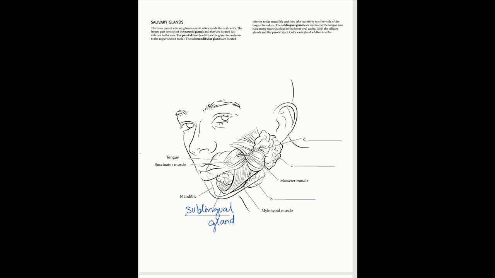And then below kind of our jaw, we have our submandibular gland. Towards the back, where we have the ramus of our mandible, we have the parotid gland.